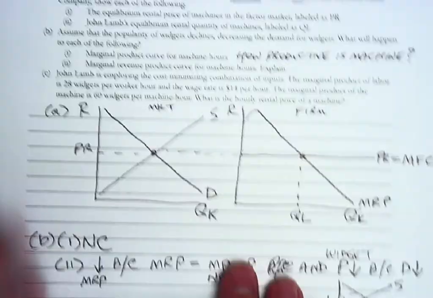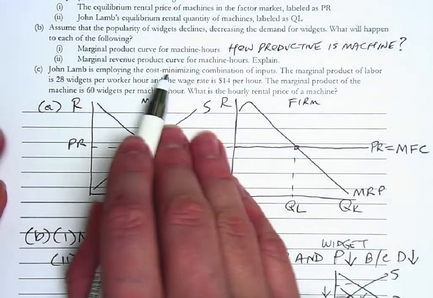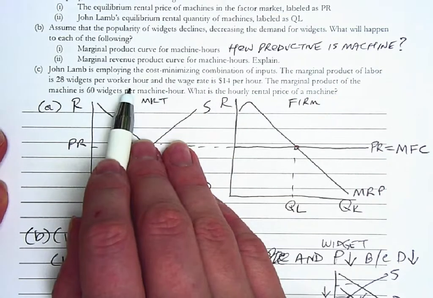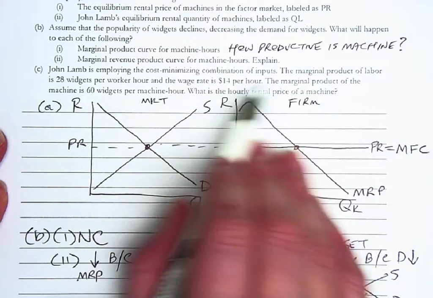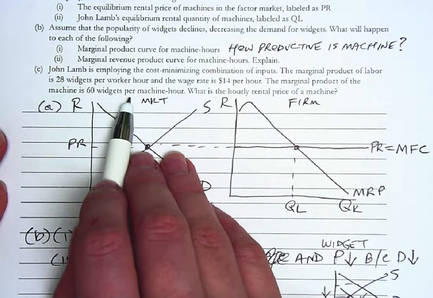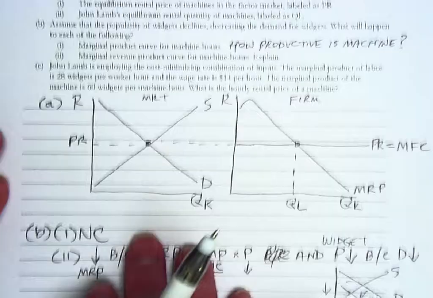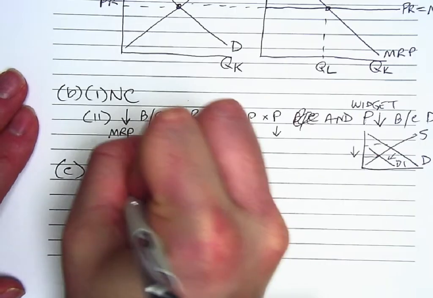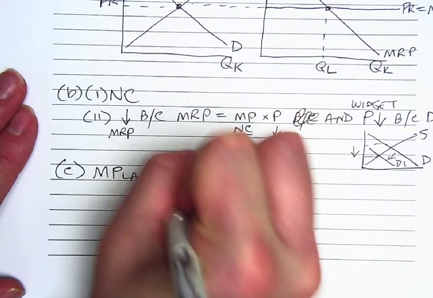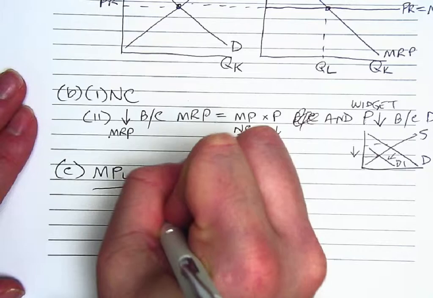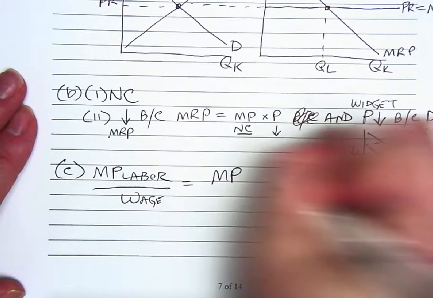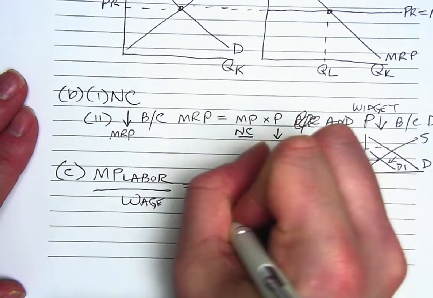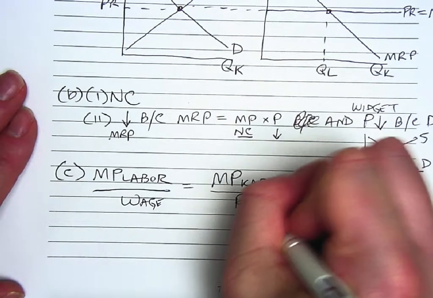Now the last part of this question says the company is employing the cost minimizing combination of inputs. The marginal product of labor is 28 per worker hour, and the wage is 14. The marginal product of the machine is 60 per hour. What's the rental price? This one just relies on us knowing that if they're at the cost minimizing input combination, then the marginal product of labor divided by the wage is equal to the marginal product of capital divided by the rental rate of capital.